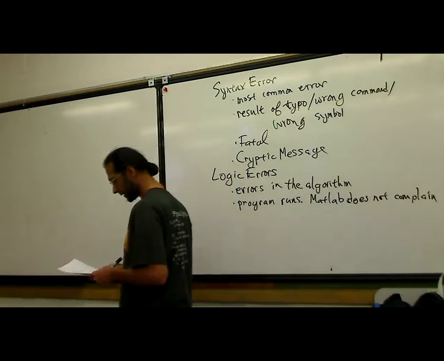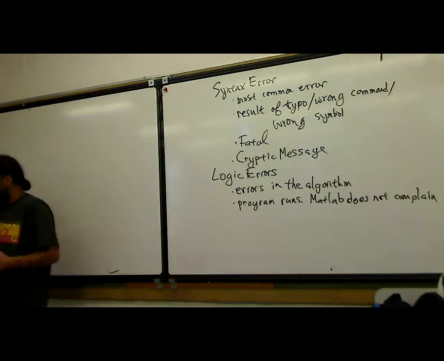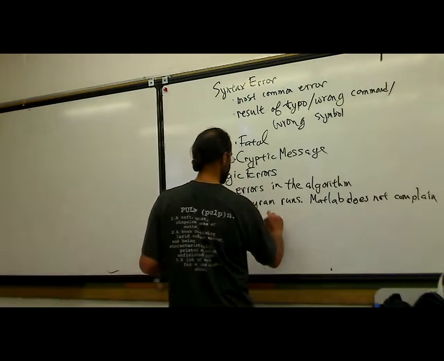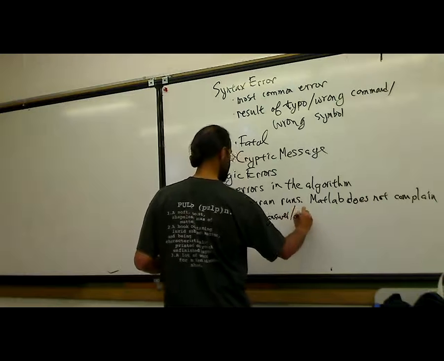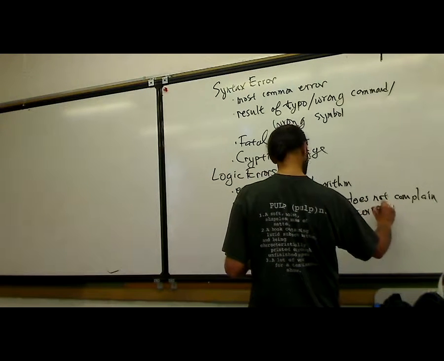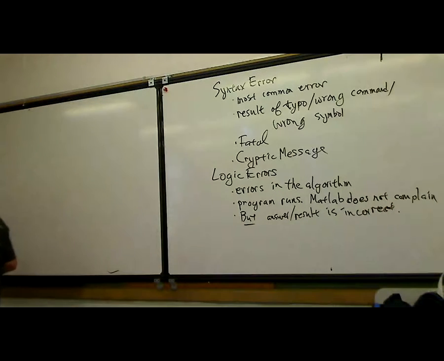No MATLAB complaint. So what's wrong? The result, the answer that you got, is incorrect. Yeah? And the worst part about it is you might not know. It may not be completely obvious, right?